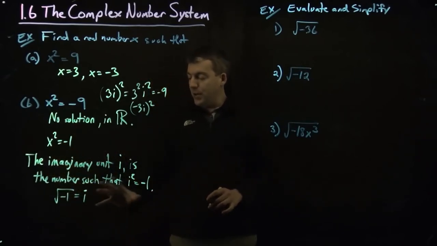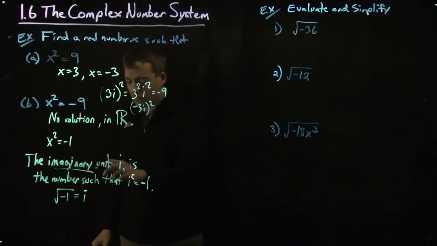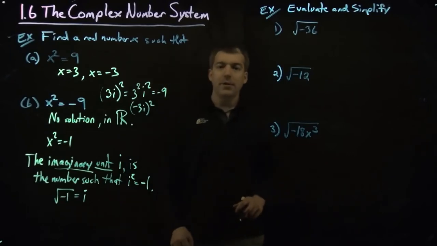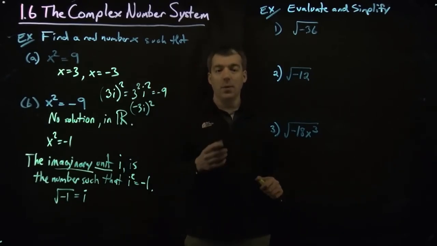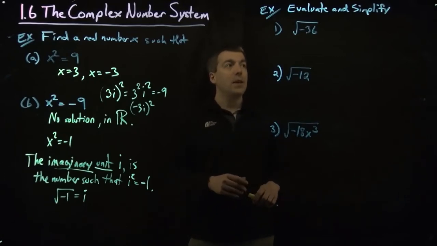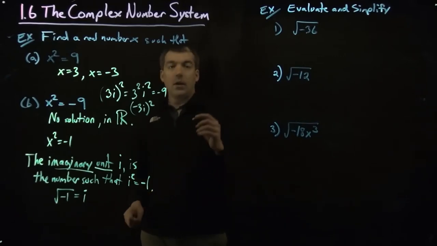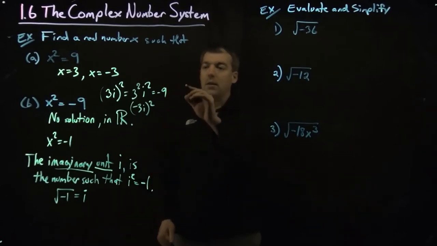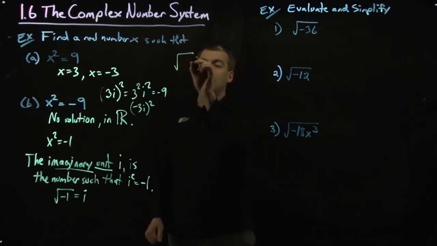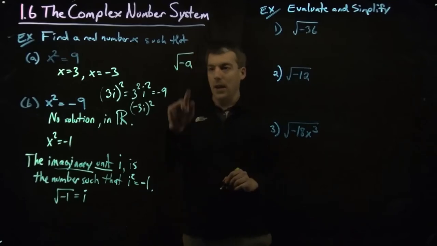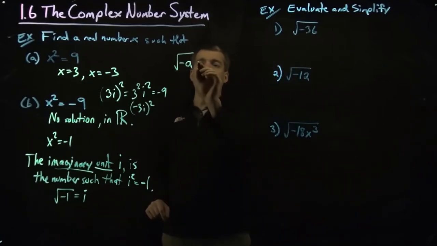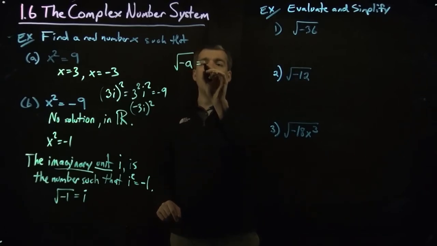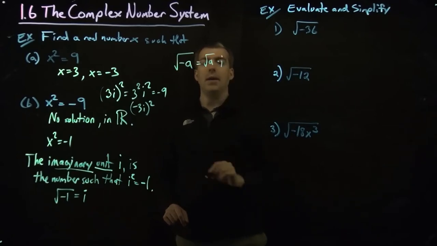This imaginary unit can be used to simplify terms where we have the square root of a negative number. The way to do that, let's say with the square root of negative a, where a is a positive number, this becomes the square root of a times i.